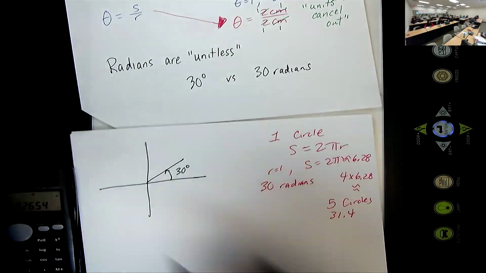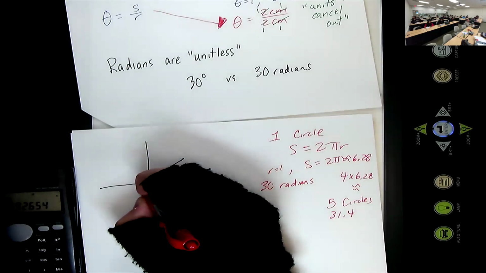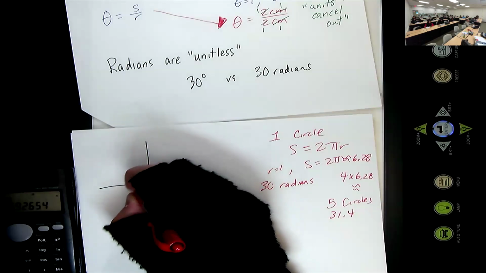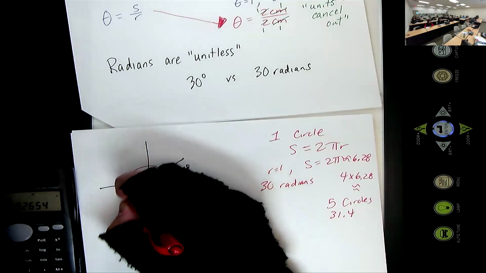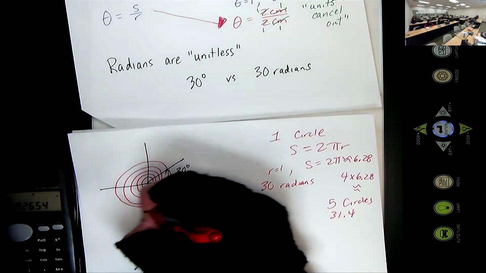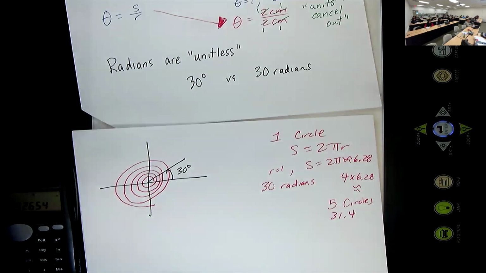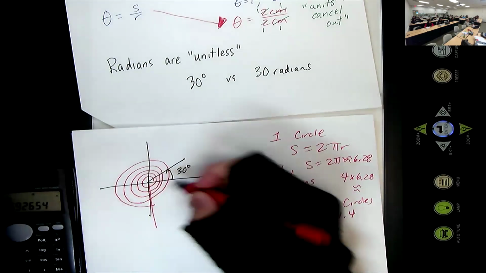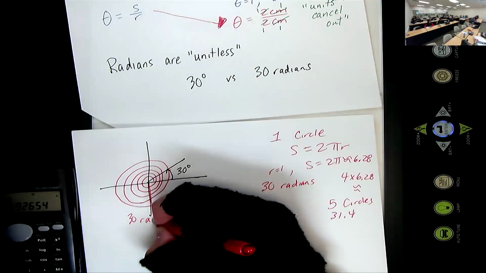So 30 radians is going around once, twice, 3 times, 4 times, and almost a 5th time. That's 30 radians.